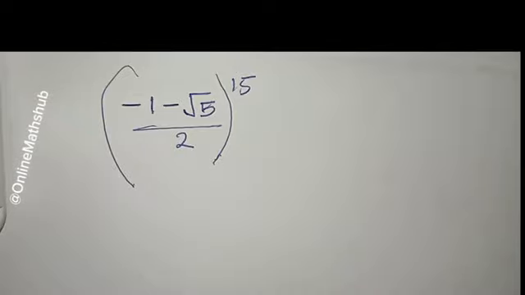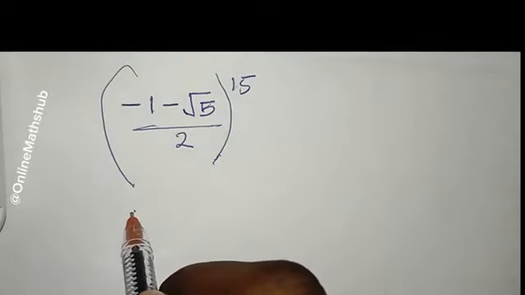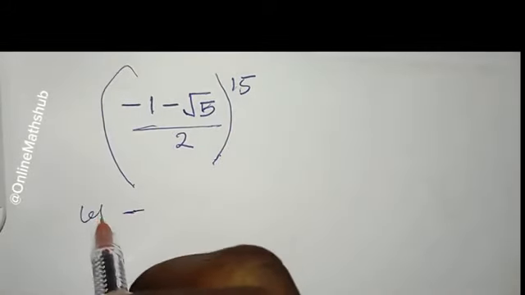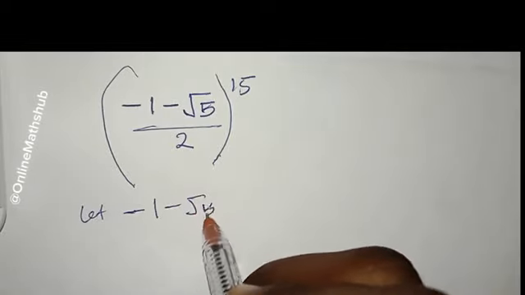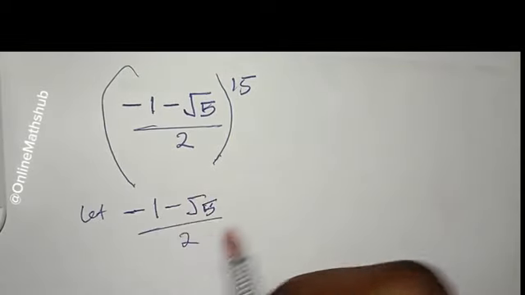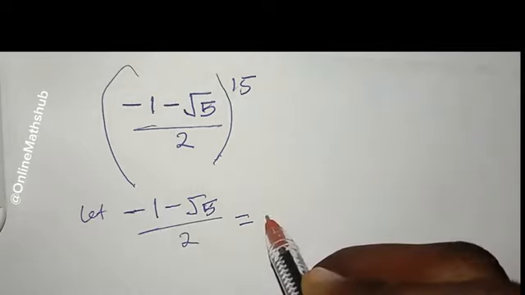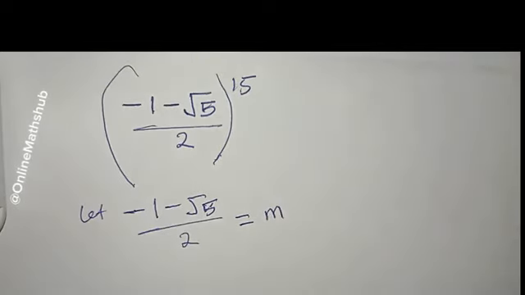So the first thing I want to do is set this stuff inside the bracket to be a variable. Let (-1 - root 5) / 2 be equal to, let's say, a variable m.